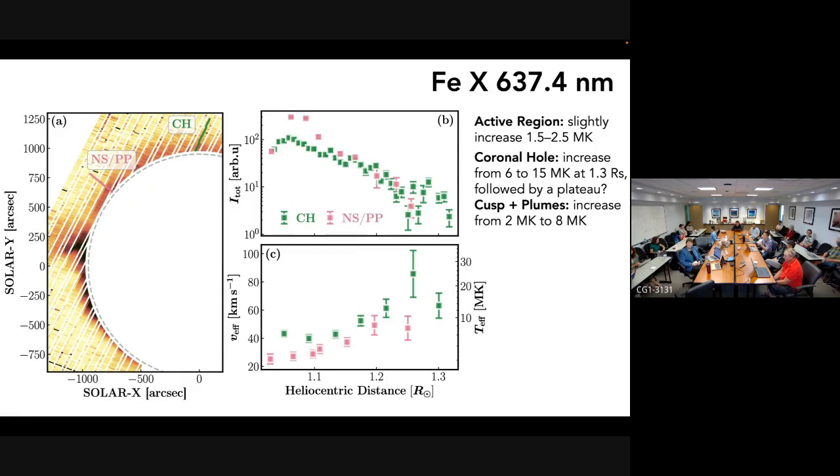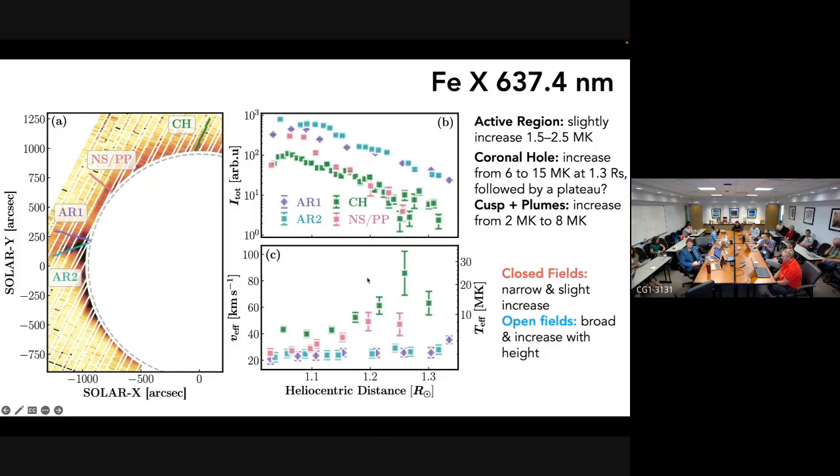So it seems that the line of sight integration really plays a role here: close to the limb you are observing some closed field plasma, while at larger height you observe plasma in the open fields. So the line widths show two different patterns at different heights.